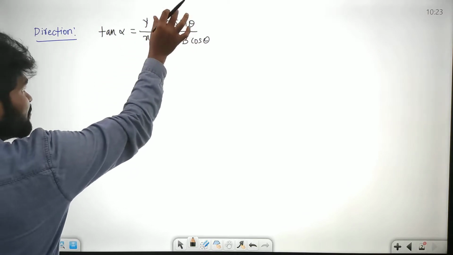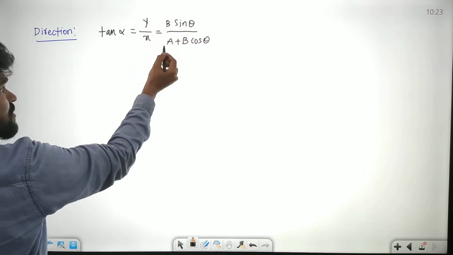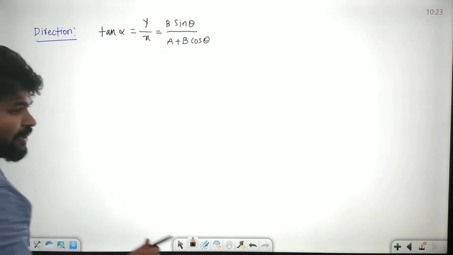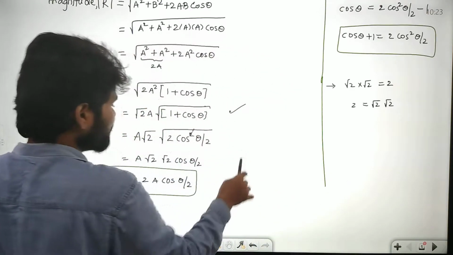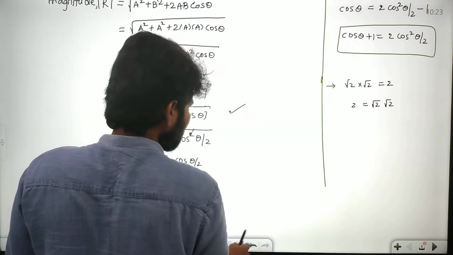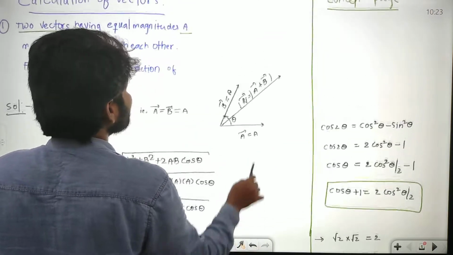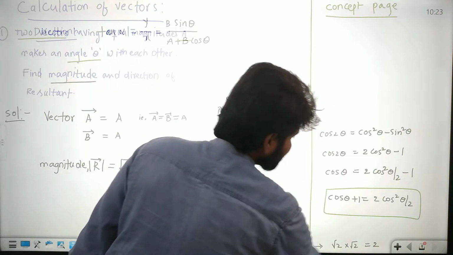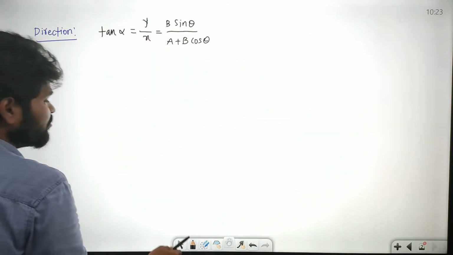So now I need to substitute the values of a vector, b vector. In our problem, they give the vector magnitude as a only. That's why I have to substitute a for both a and b.